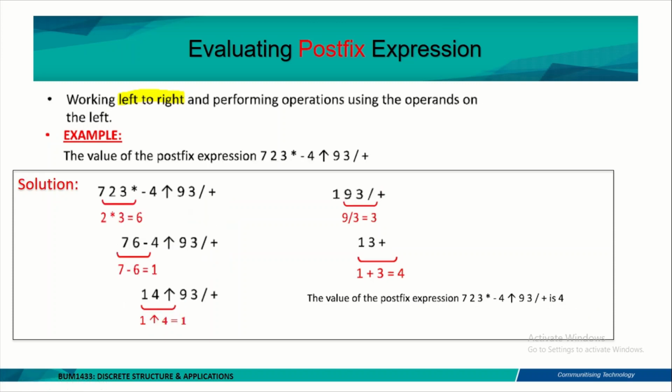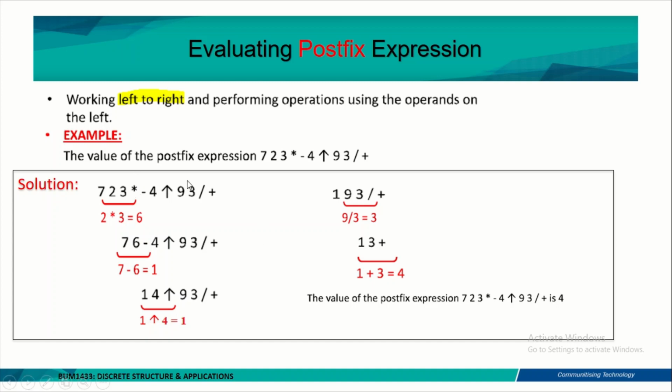For evaluating the postfix expression, we need to work from left to right, performing the operation using the operator on the left. So we have left to right. We see the leftmost operation is multiply.